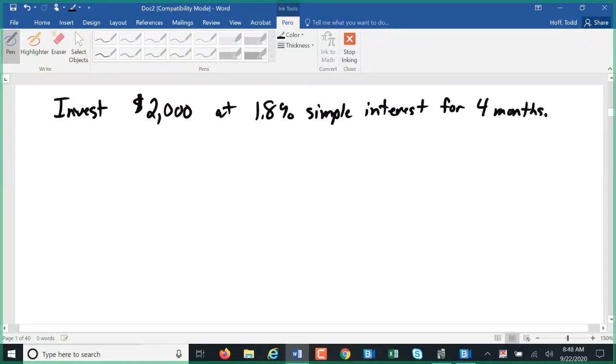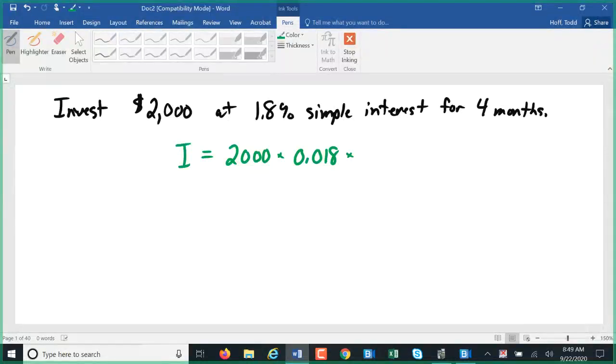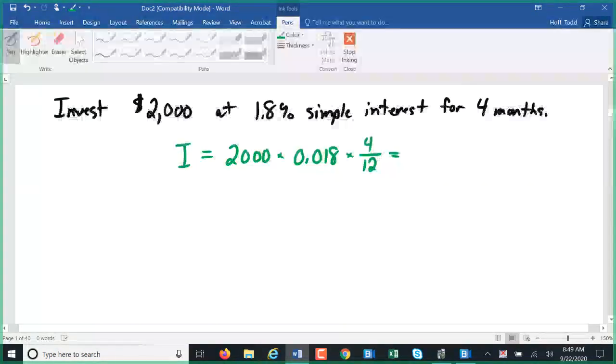So to find the dollar amount of interest here, the principal is $2,000. 1.8% as a rate is 0.018. Now, 4 months. Remember we said our time was always expressed in years. So to express 4 months as years, there's 12 months in a year, so that's just going to be 4/12. Yes, I know you could reduce that to 1/3, but it really doesn't have to be done.